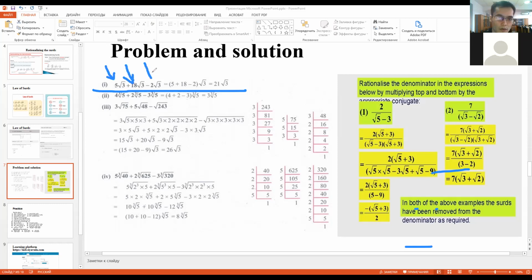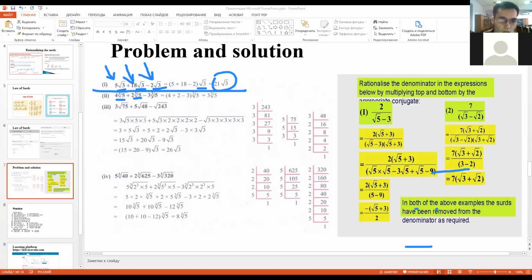You can see square root 3 in each multiplication. You take this common multiple out of the box, and you will get this expression. Do you understand?